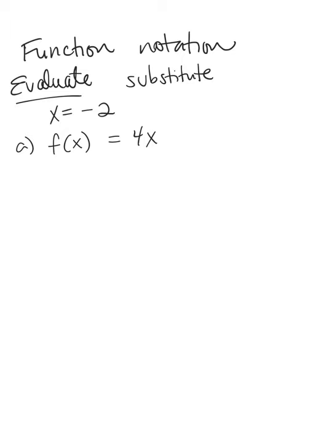This means that wherever I see an x, I'm going to substitute in -2. And I'm going to evaluate. I'm going to do the math. So this means 4 times -2. So what is 4 times -2?